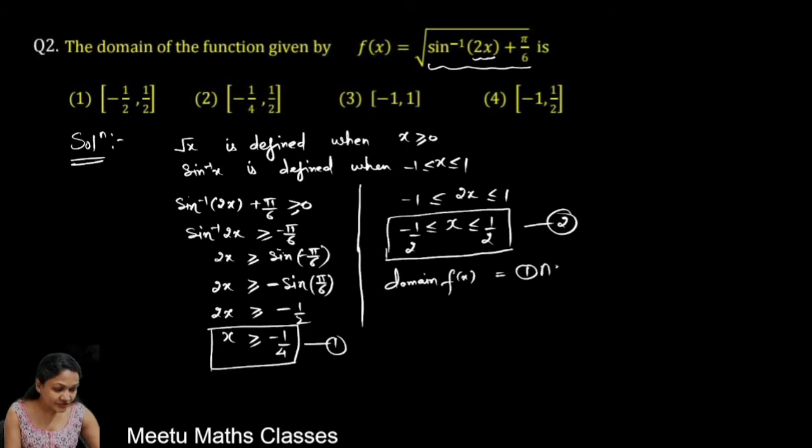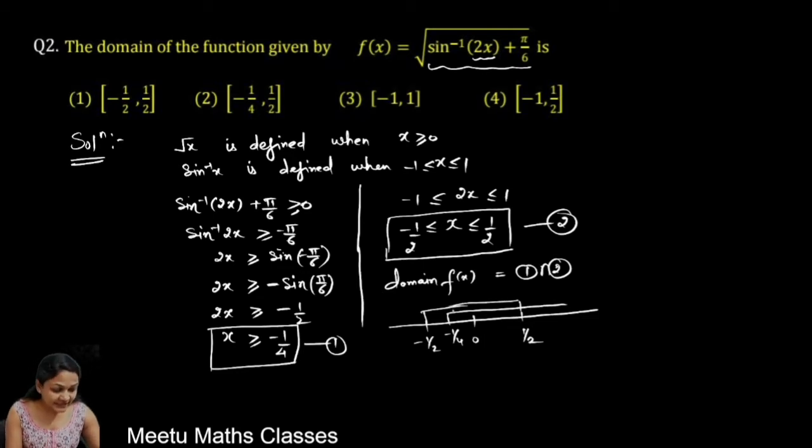Now suppose this is 0, this is half, this is minus half, and this is minus 1 by 4. Your first interval says that x must be greater than or equal to minus 1 by 4, and the second interval says that x must lie between minus half to half.